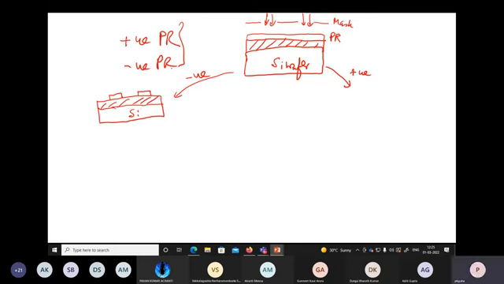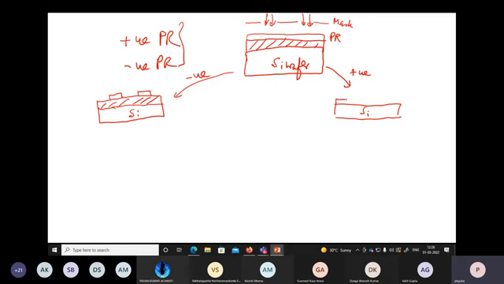So you see, in case of negative resist, after developing, this part will remain where it is interacting with the UV light. So in case of negative resist, the part that interacts with the UV light will remain after the development.